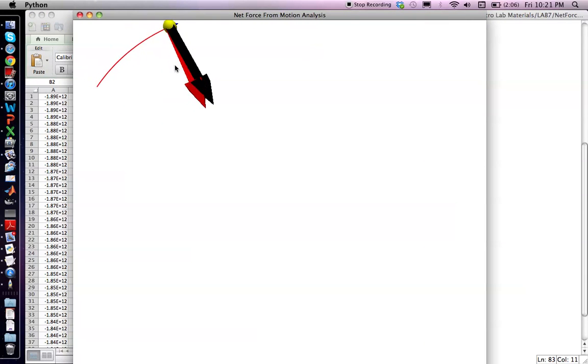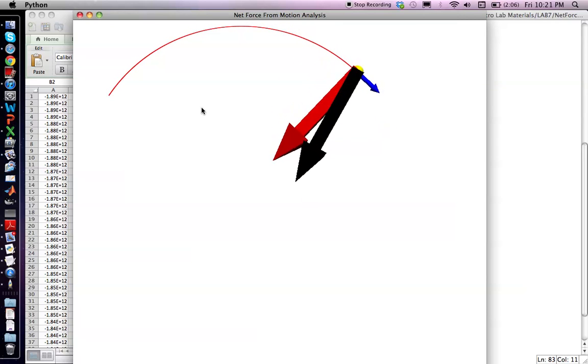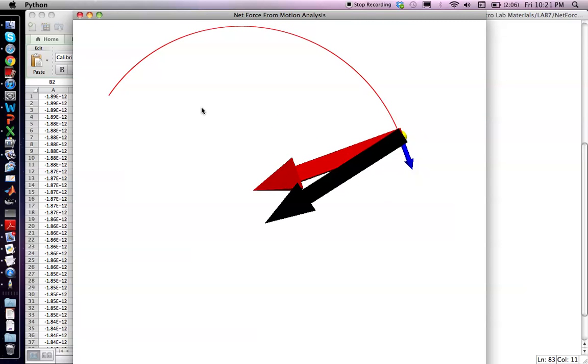And here the red arrow is the force in the perpendicular component, and the black arrow is our F net, and then our blue arrow is the parallel component. And you can see that it's moving in an elliptical form because the only force acting on this star is the gravitational force given by the black hole.